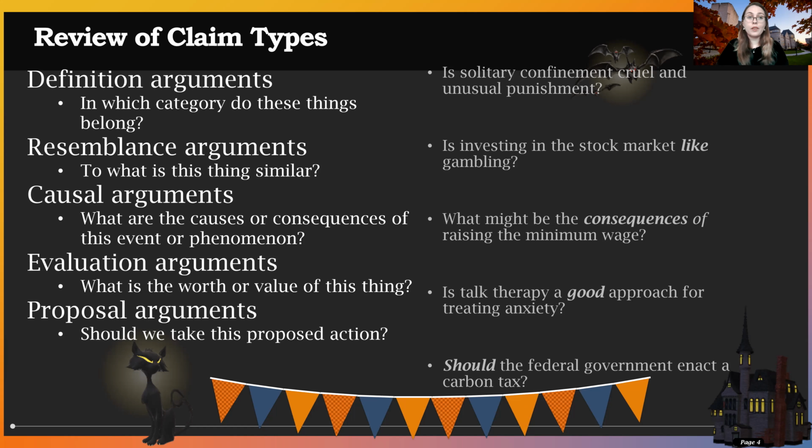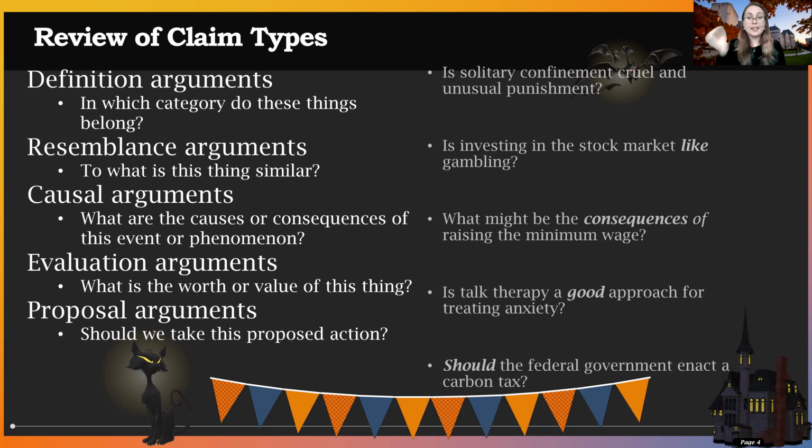So definition, you are defining this claim within a category. For example, is solitary confinement cruel and unusual punishment? So they're asking a yes or no question. Is it within this category of punishment? Yes or no? It's a definition claim.